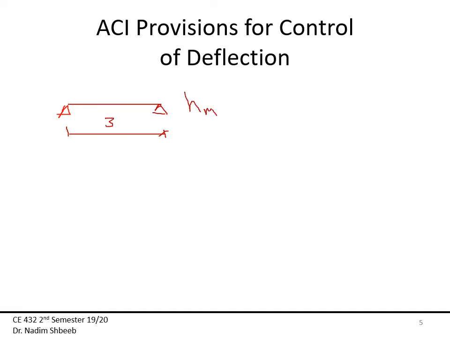Then my H minimum, if that's a beam or a one-way rib, would be simply L over 16, or 3 over 16. And that would be 18.75 centimeters.